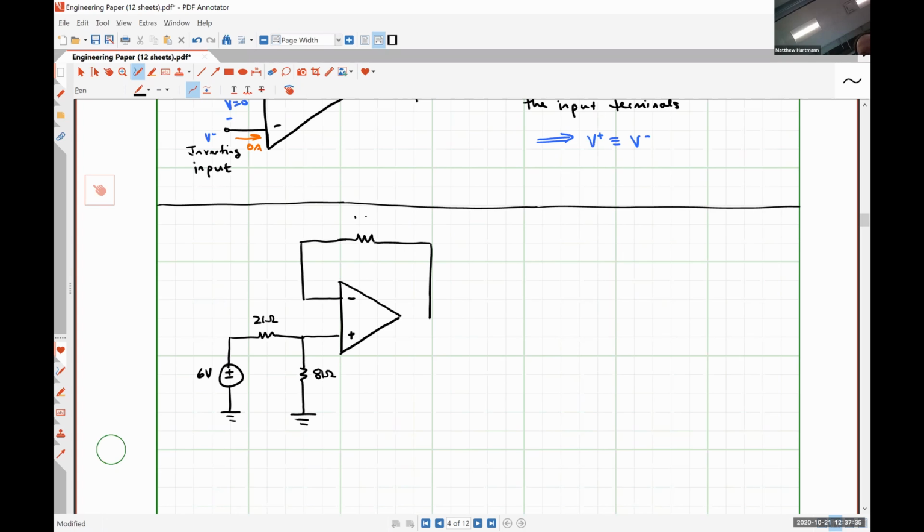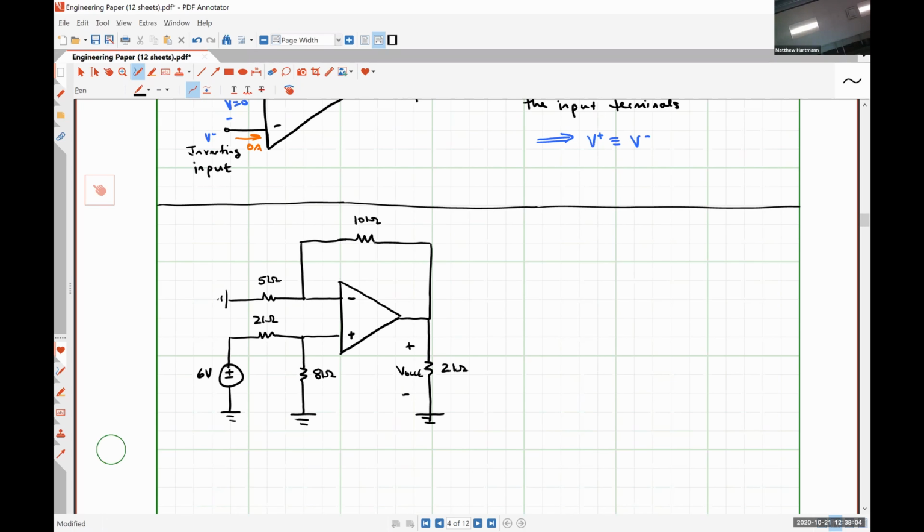Let's have a 10K, 2K. Let's call this voltage V out. And let's call this guy up about 5 kilo ohms.